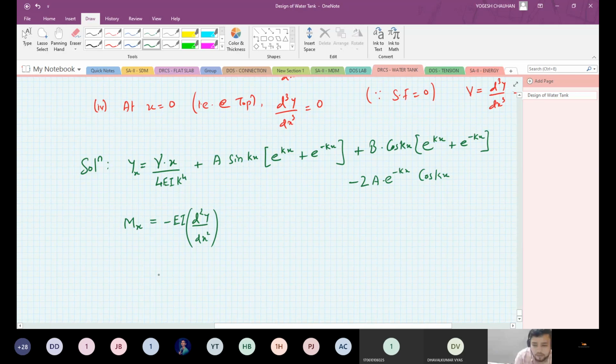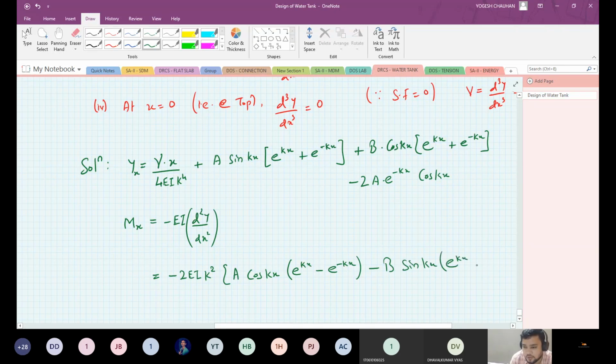So it can be written as minus 2 EI k square [a cos kx (e to the power kx minus e to the power minus kx) minus b sin kx (e to the power kx minus e to the power minus kx)] minus 2a e to the power minus kx sin kx. Okay, so this is the expression.